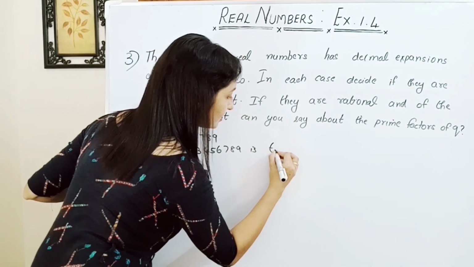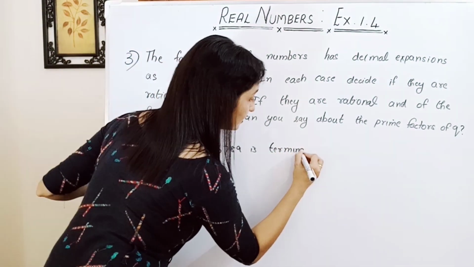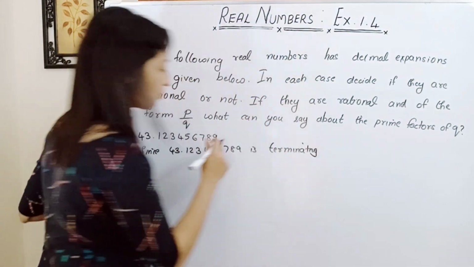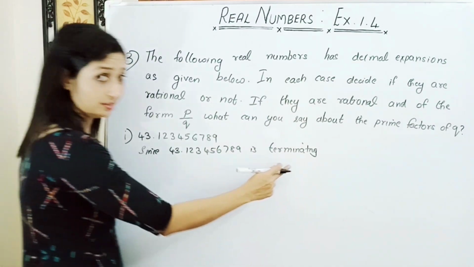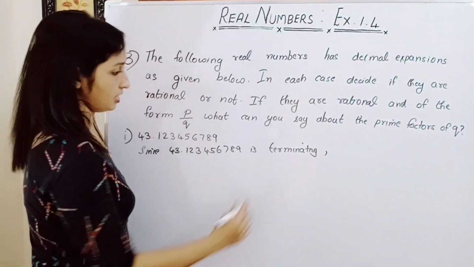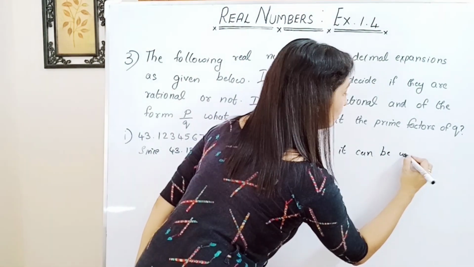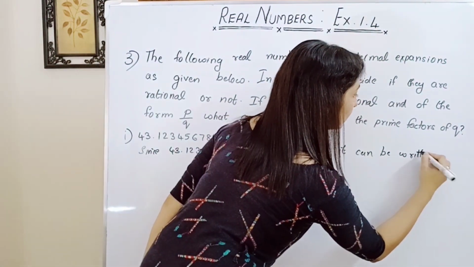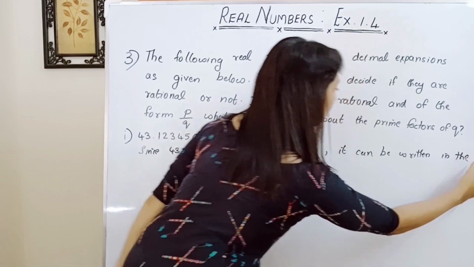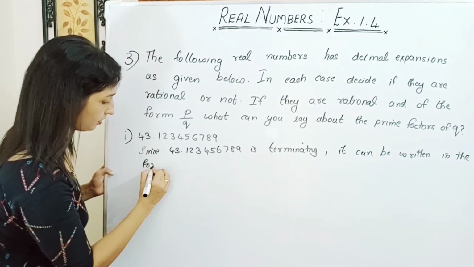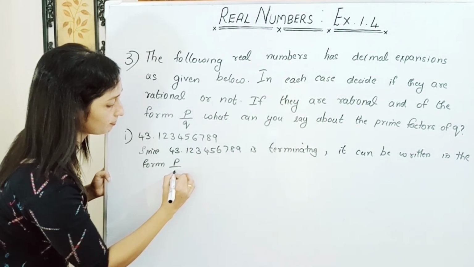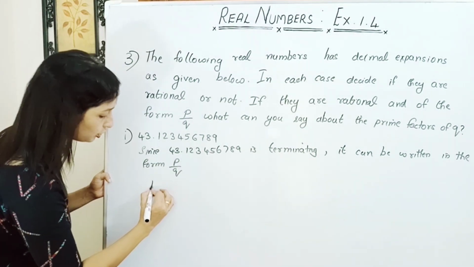Now here, since 43.123456789 is terminating, isn't it terminating? It stops at 9. So it is terminating. So it can be written in the form P by Q. So what is P by Q?